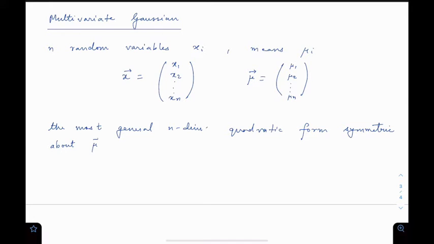Now this quadratic form is where A is an n cross n matrix.